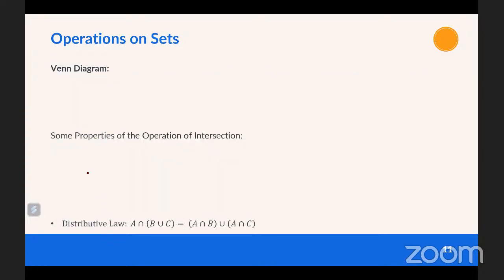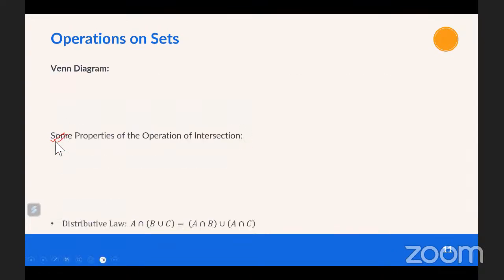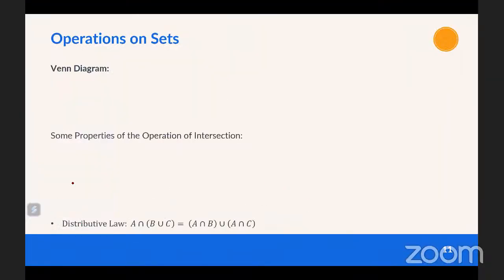Now moving on to the next slide. So we will see some of the properties of intersection. I guess some of the properties which I had written have been erased, so I can write them here.